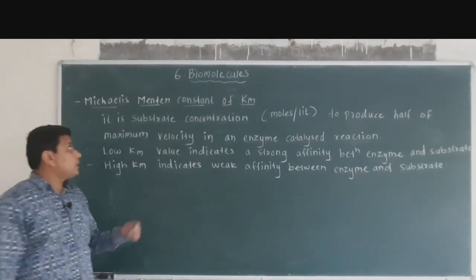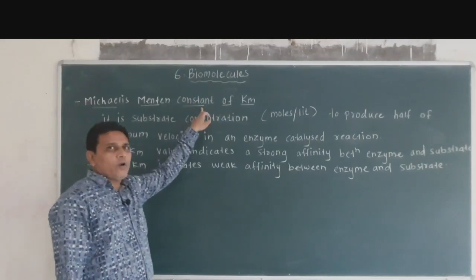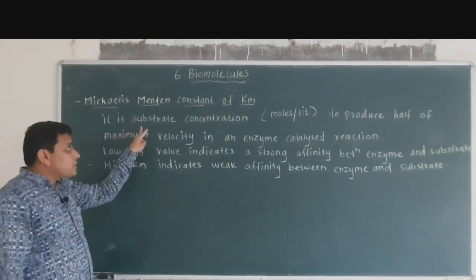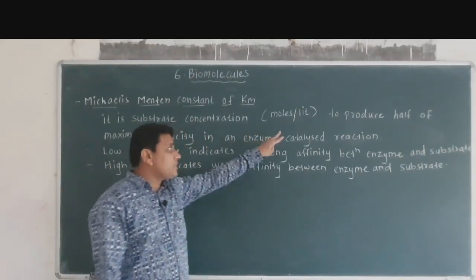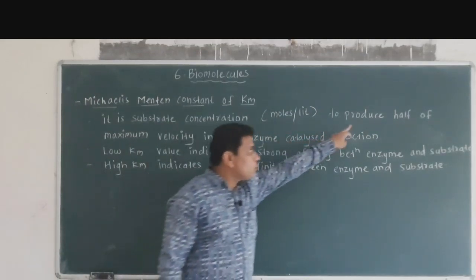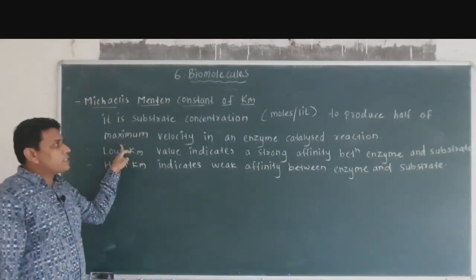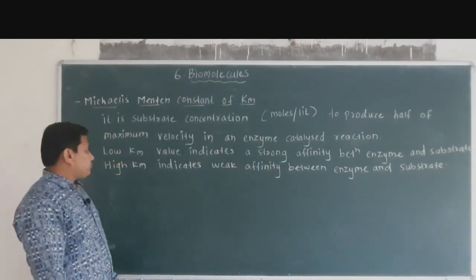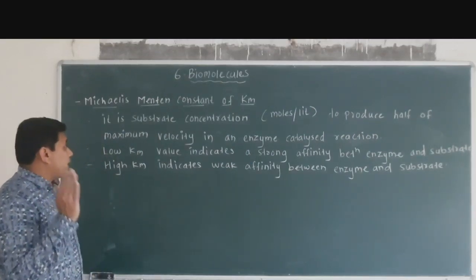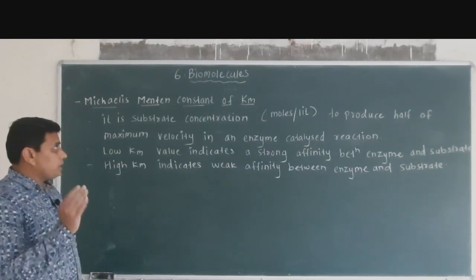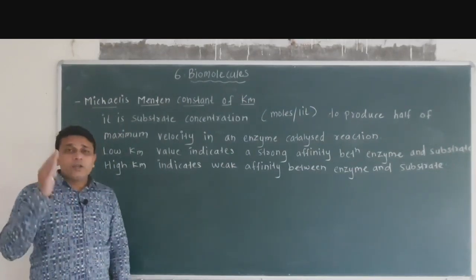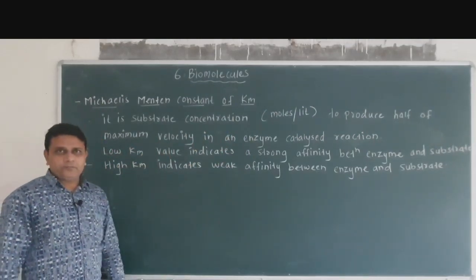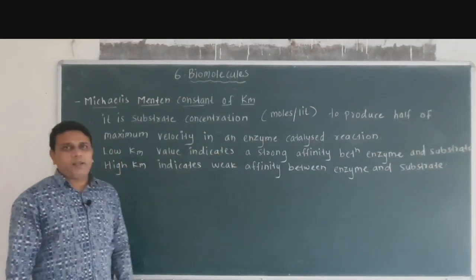Then the next topic is the Michaelis-Menten constant or Km. Now Michaelis-Menten constant means it is the substrate concentration, that is moles per liter, to produce half of the maximum velocity in an enzyme catalyzed reaction.